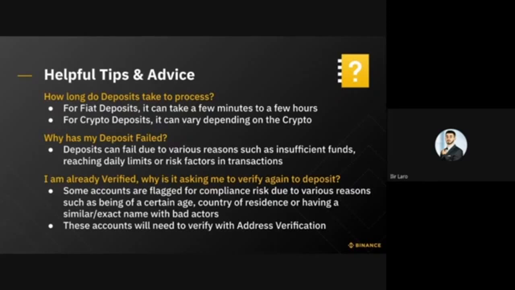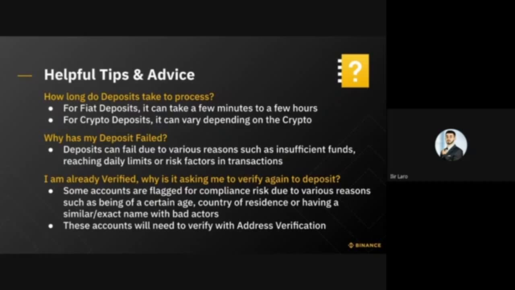There's bank transfer, and there's also bank card. They both have their own workflows. And then for the second, the crypto deposits, you have a crypto deposit address, which is unique for each cryptocurrency.